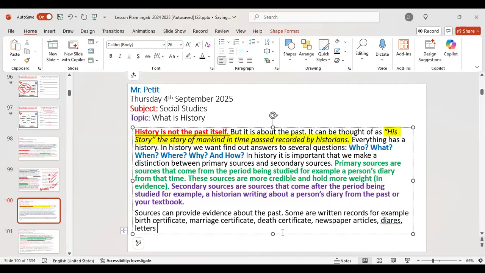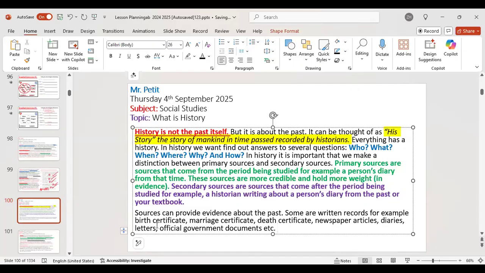Letters, diaries, letters. What else? Official government documents. Notebooks, yes. Official government documents, etc.